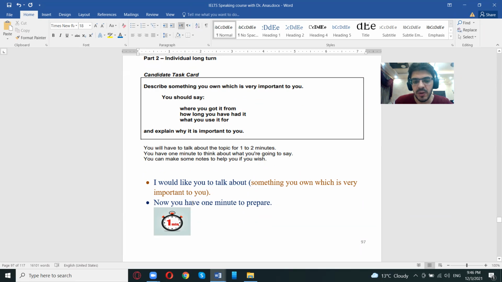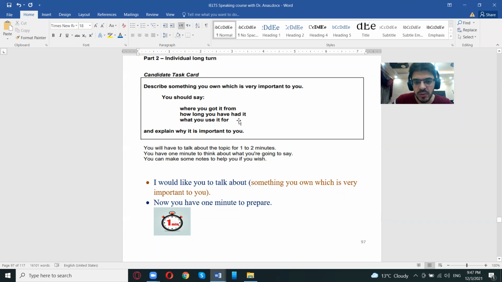The examiner gives you 1 minute to prepare. So you start writing your notes. The first thing, as we said, you need to choose the topic. Something you own which is very important, maybe your mobile phone, your watch, your car, whatever.